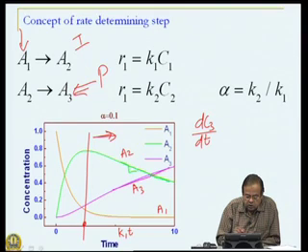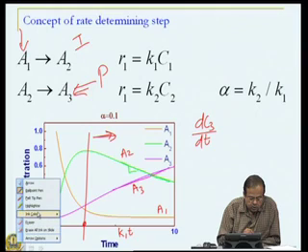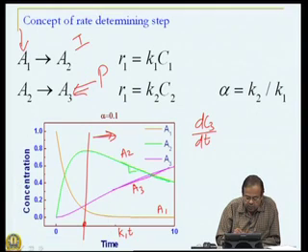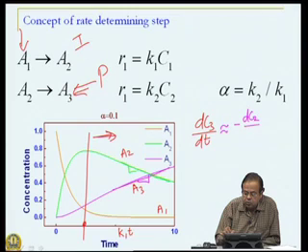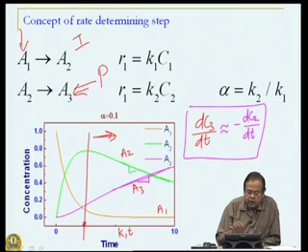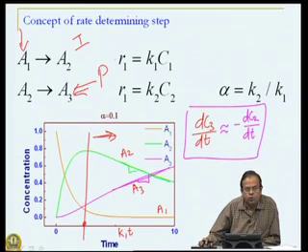That is, this slope is in magnitude the same as this slope, only the signs are different. Or in other words, dC3/dt is almost equal to minus dC2/dt, because A2 is being consumed, so we have to put a minus sign there. So, this is what happens when alpha is 0.1.